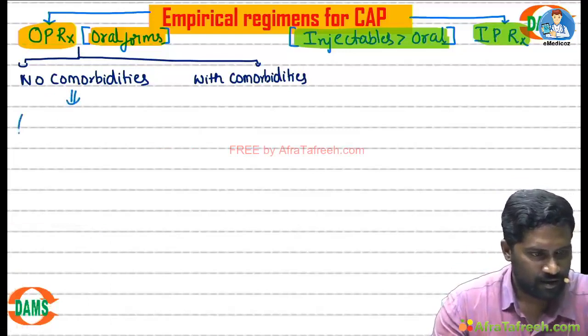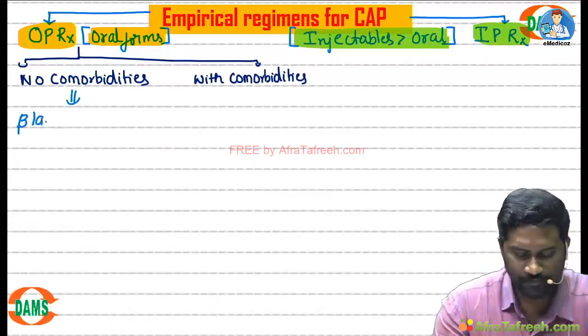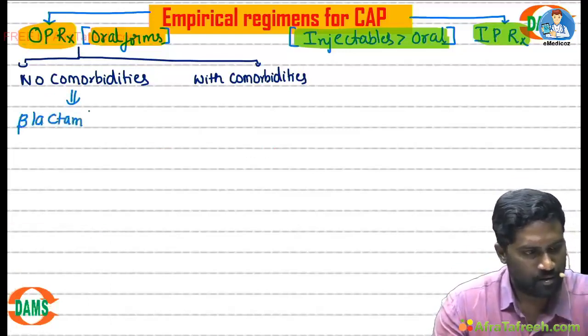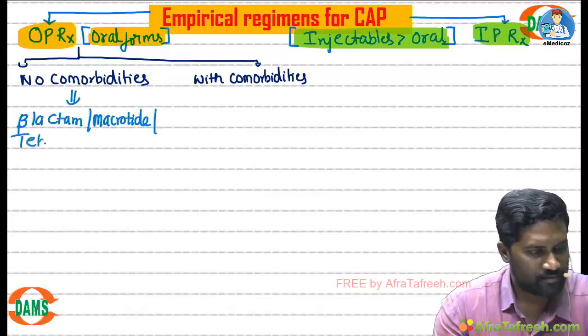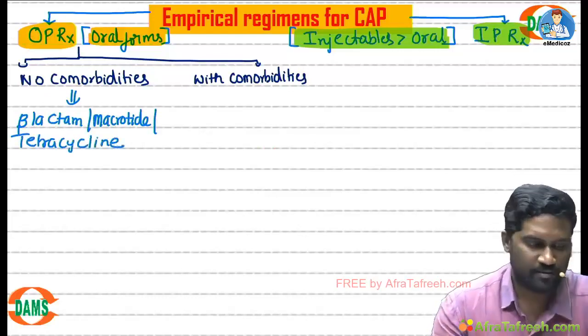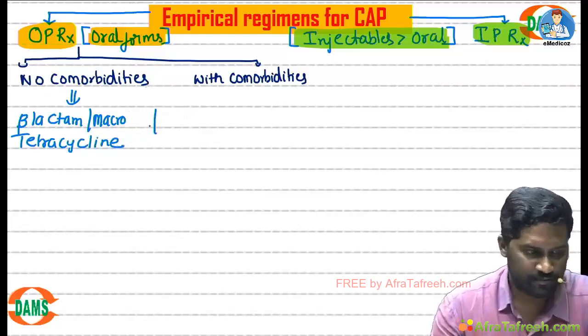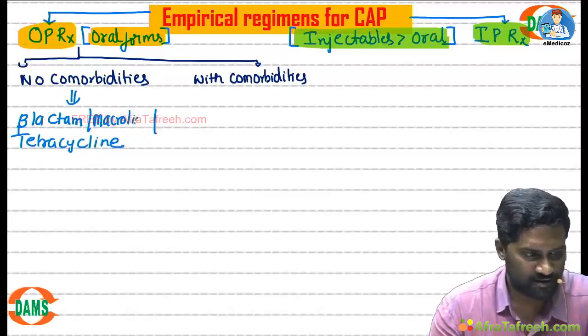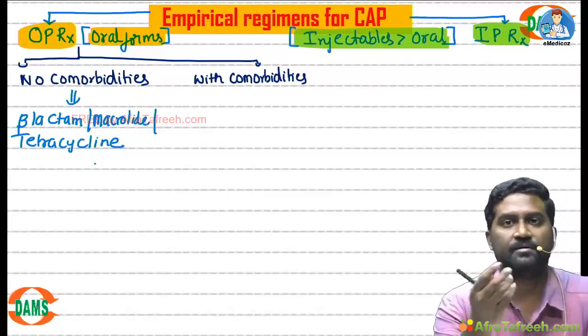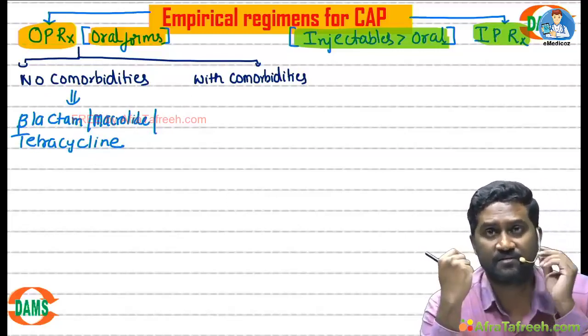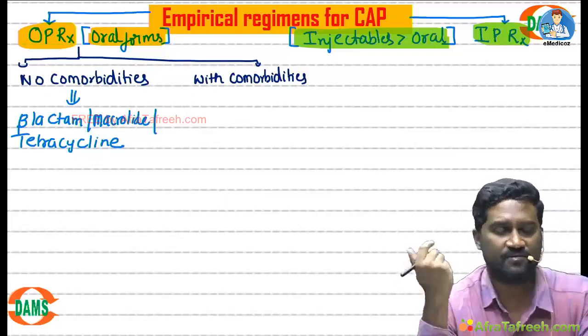If the patient is not having any comorbidities, the treatment is simple. I give either a beta-lactam or a macrolide, any one, or a tetracycline group. Either a beta-lactam such as simple amoxicillin, a macrolide such as azithromycin, or tetracycline, usually doxycycline.